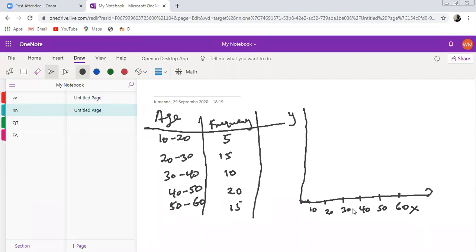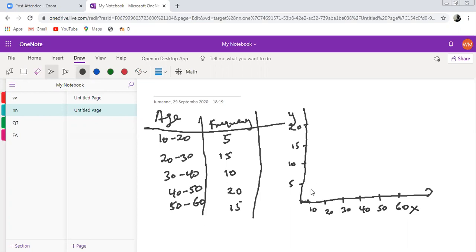Between 10 and 20, they were 5. Let me write here. Maybe we have here 5. Here we have 10. Here we have 15. And here we have 20. I think that is the highest that we have on the frequency.